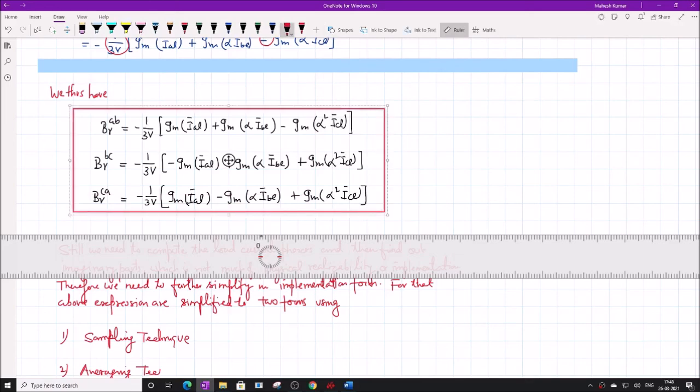These expressions are in terms of the load currents. The previous expressions were in terms of the sequence current components. These are a more realizable form because we can directly measure the load currents. So they are preferred over the previous ones.